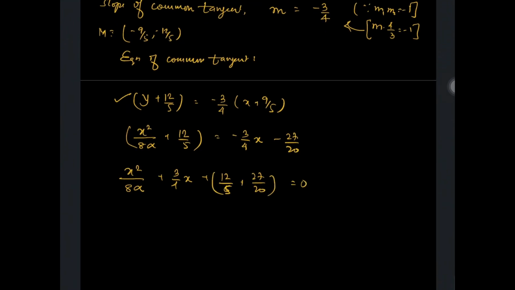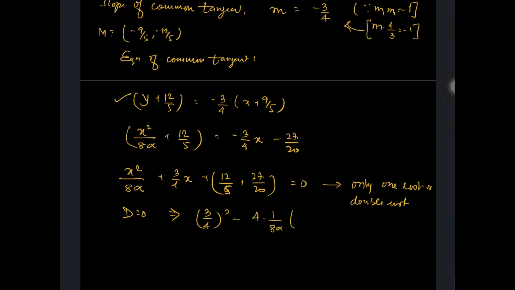Now since it is a common tangent, you will get only one root, or you can say a double root. So for that, D is equals to 0. (3 by 4) whole square minus 4 into 1 by 8 alpha into (12 by 5 plus 27 by 20) is 0. Basically b square minus 4ac is 0.